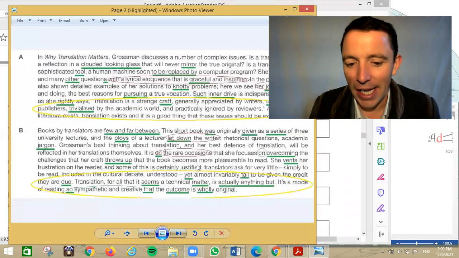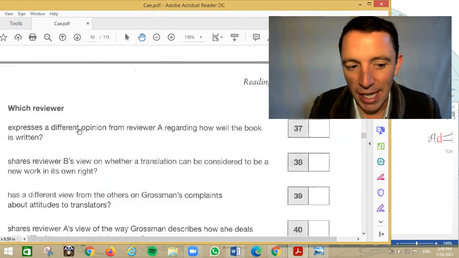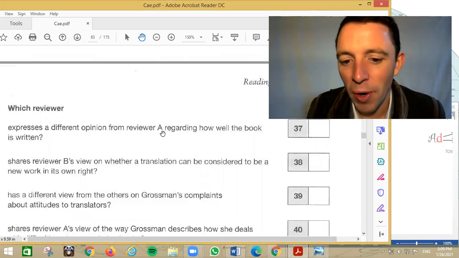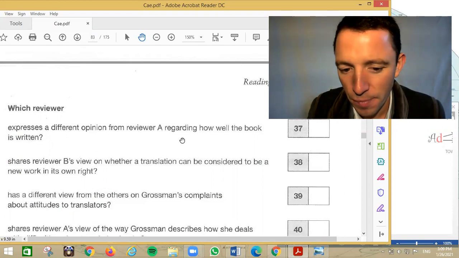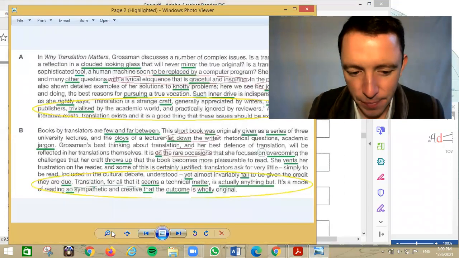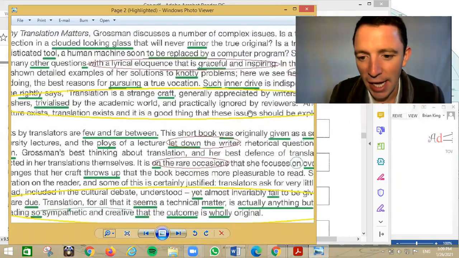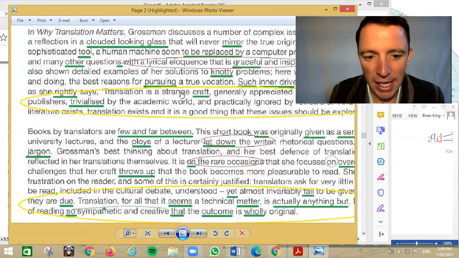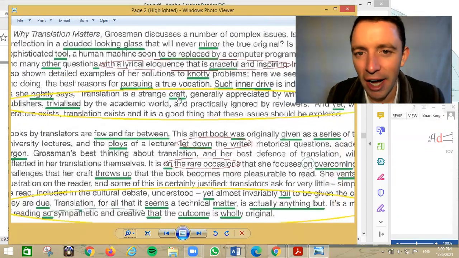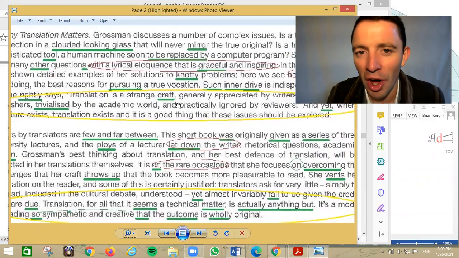So for example, the question is about a different opinion from reviewer A. So we're looking for the opinion of writer A in relation to the quality of the book. If we look at the text, here in yellow you can see the key, okay? They say, translation is a strange craft. Craft is like a skill or a talent, like a job or a vocation.